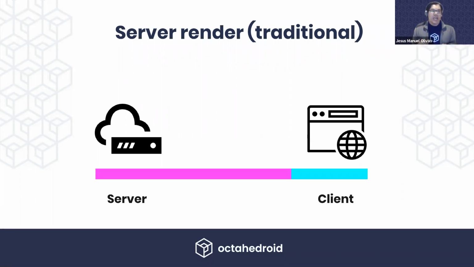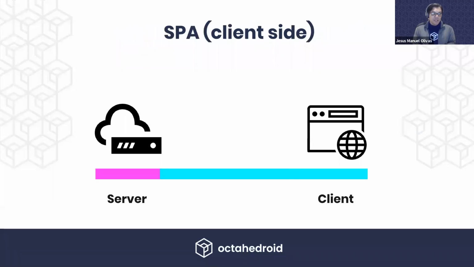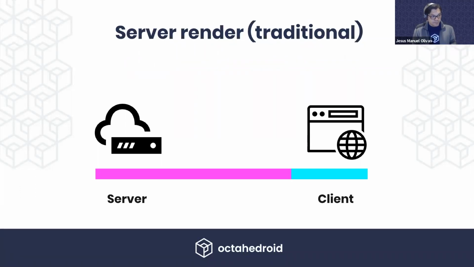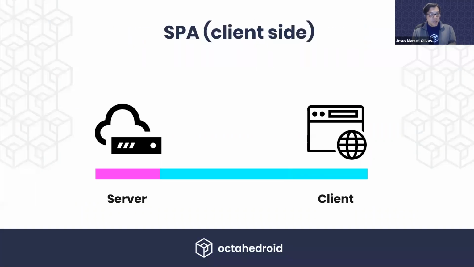But time changes, browsers start getting more capabilities, phones start getting more power. And then a new concept was created, the single page application. The difference between single page apps and server side rendering is that most of the computing is done on the client side.